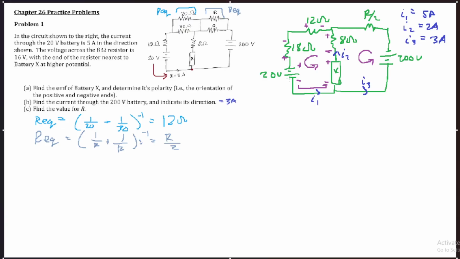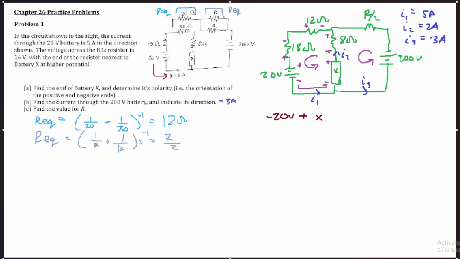Since we are looking at the movement of electrons, this would be written as a negative 20 volts, or sorry, this would be a plus. And then since this is going from negative to a positive, this will be a plus X.